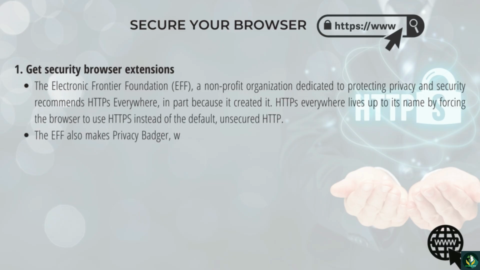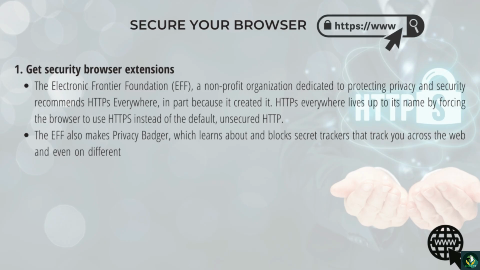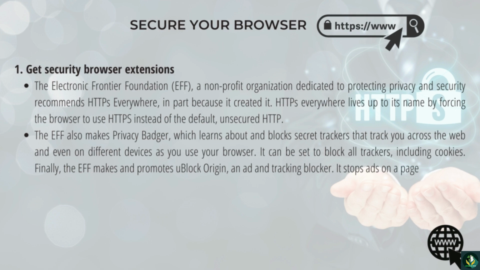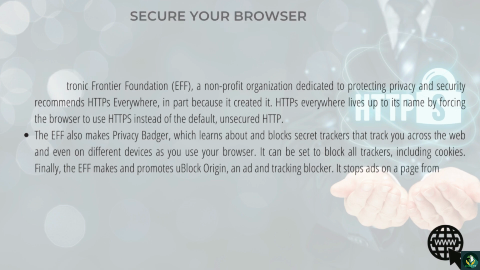The EFF also makes Privacy Badger, which learns about and blocks secret trackers that track you across the web and even on different devices as you use your browser. It can be set to block all trackers, including cookies. Finally, the EFF makes and promotes uBlock Origin, an ad and tracking blocker. It stops ads on a page from even loading.